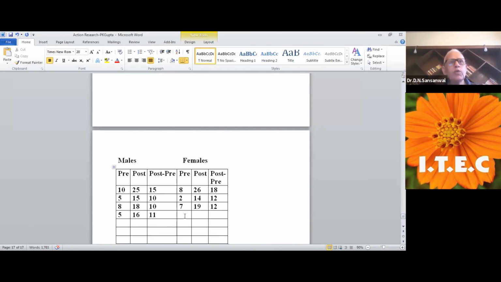So I can do it like this. I know my pre, I know my post, so I can find out the change. Post minus pre is the change. And then I can take this change and go to my SPSS.